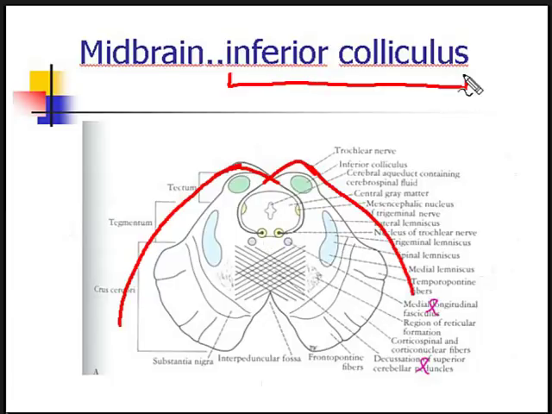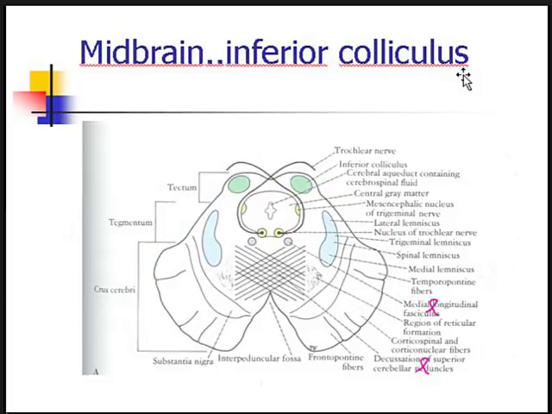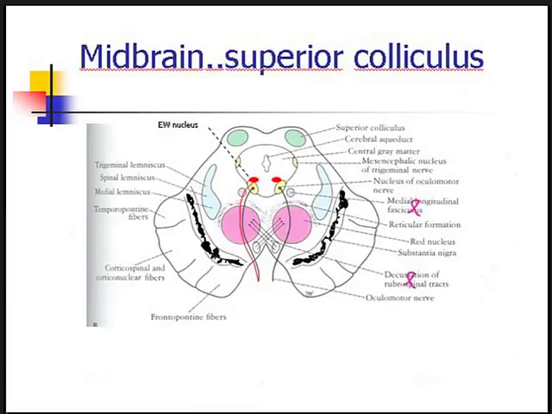Now let's go to the next level, which is the level of the superior colliculus. At this level, you have certain common things. The shape remains the same, and certain things change a little bit. Let's see the nuclei which we see at this point. Now instead of the nucleus of the inferior colliculus, we have the nucleus of the superior colliculus.